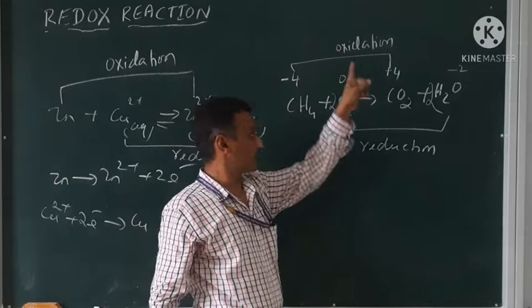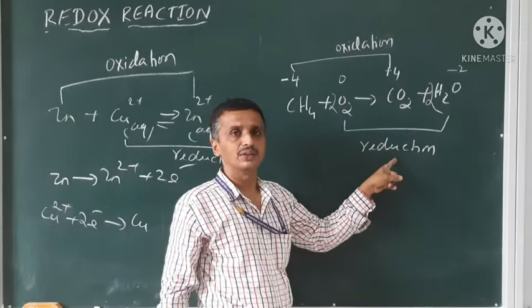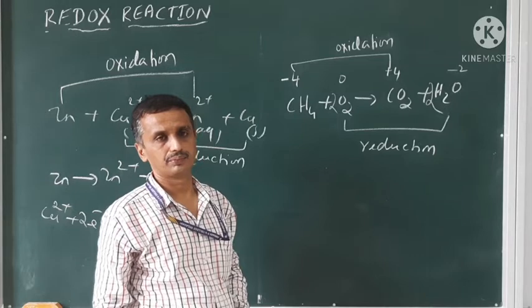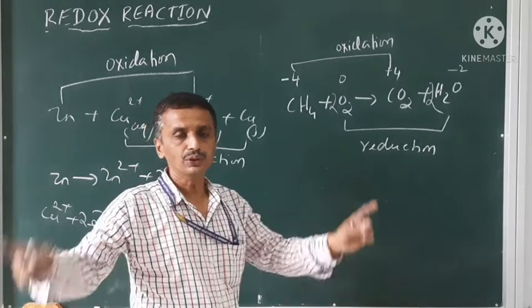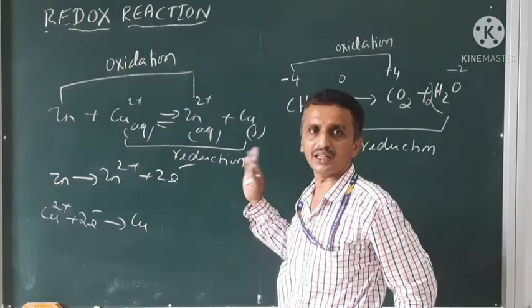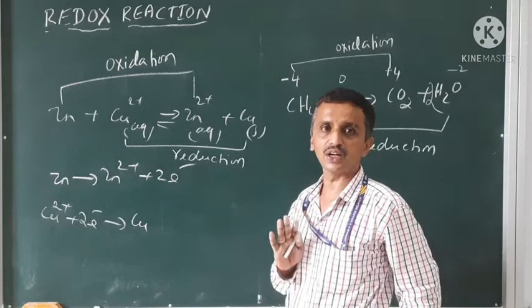Means oxidation and reduction are happening simultaneously. So this is a redox reaction only. So this type of reaction where simultaneous oxidation and reduction take place is called a redox reaction.